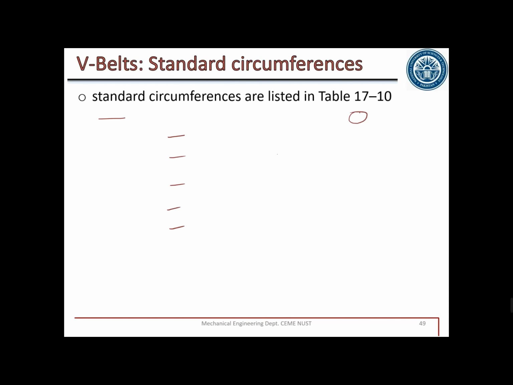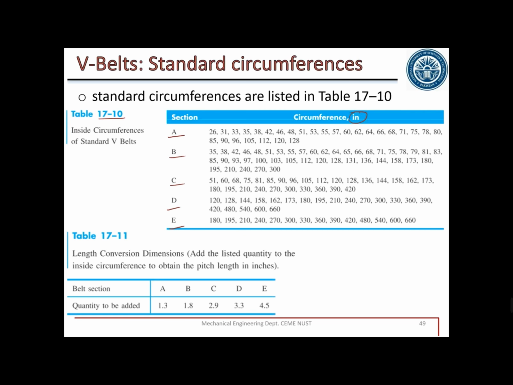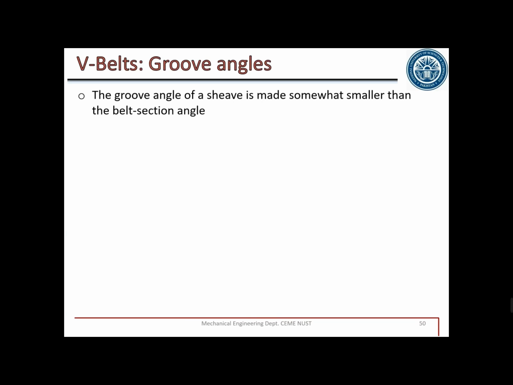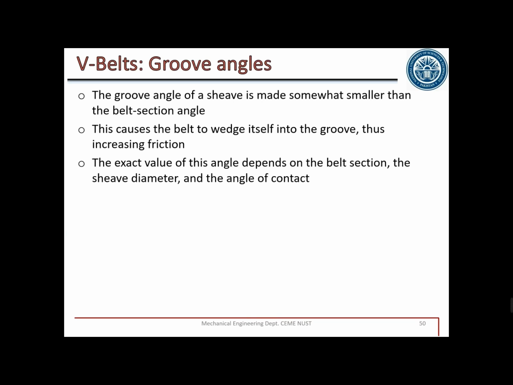So again, going to the topic, that's how we calculate pitch length. Regarding the groove angle of the sheave, let's say this is a circular sheave and a belt passes through it. If we see this cross-section, the sheave will have a shape like this, and the belt will pass through the sheave. There will be an angle of the belt as well.